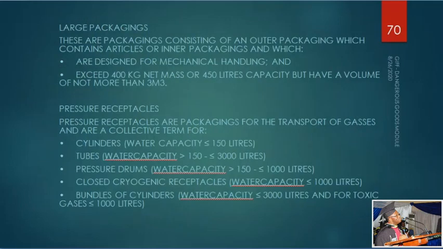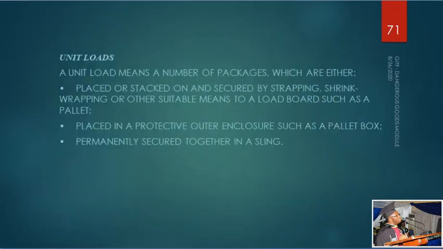We also have larger packagings which you must take note of. In the literature, those are cylinders with the capacity of 150 liters, tubes, pressure drums, and cryogenic receptacles with some capacity. So look at that closely. Then the unit loads.